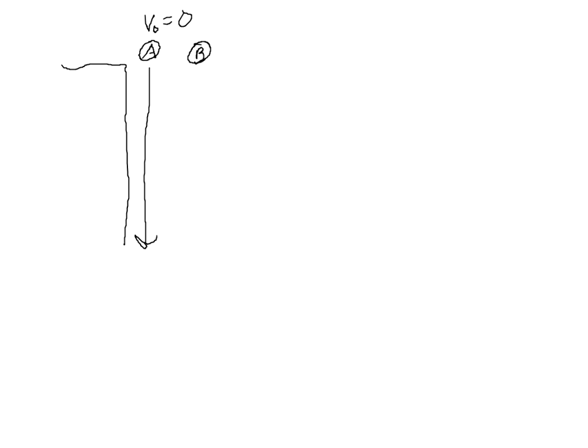But I'm going to throw ball B in such a way that it is moving horizontally initially. So its initial speed, v0, is 2 meters per second, but it is all to the right. There's no vertical component to that initial velocity.